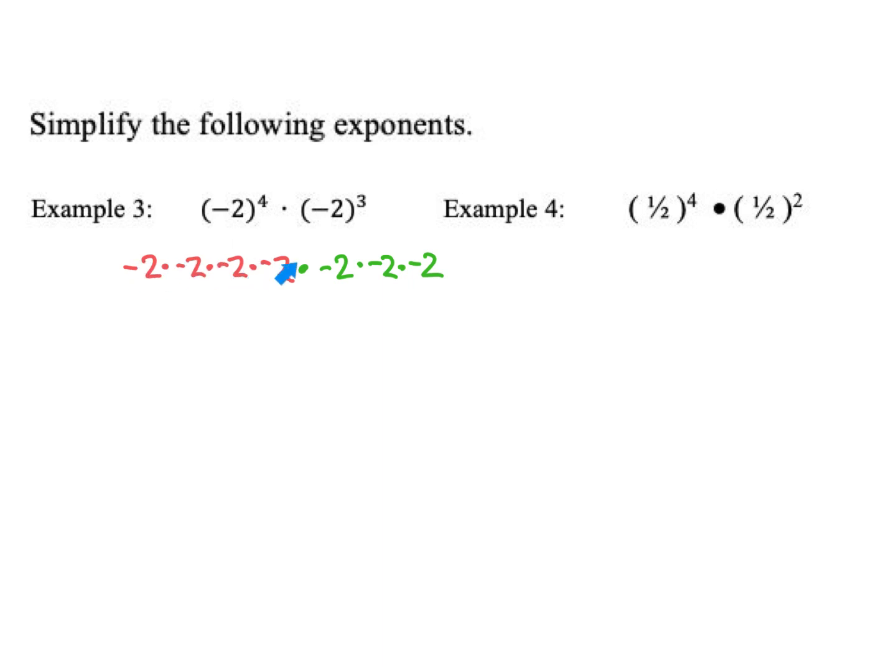Notice how there's -2 being multiplied over and over and over again. How many times? 1, 2, 3, 4, 5, 6, 7, right? And so we want to combine everything together. If I wrote it as an exponent, that would be -2 raised to the 7th power. So we can actually write it with just the exponents in there.